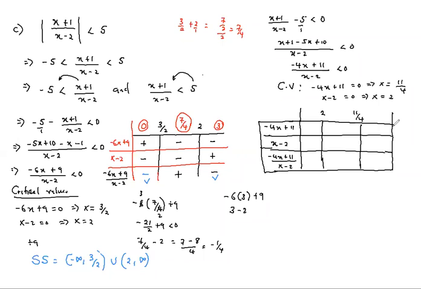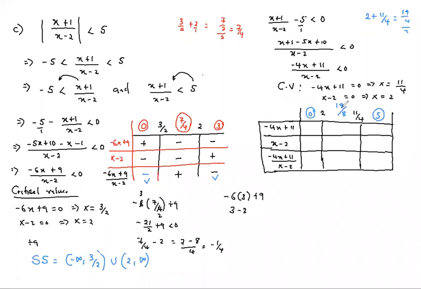Okay. So we now pick our numbers again. A number less than 2, we can pick 0. A number above 11/4, we can pick 5. A number between 2 and 11/4, we can add 2 plus 11/4, we get 19/4. Then you divide it by 2, it becomes 19/8.